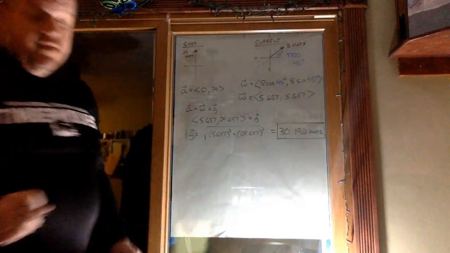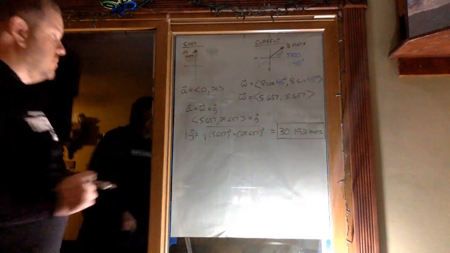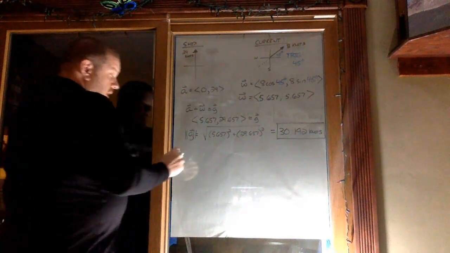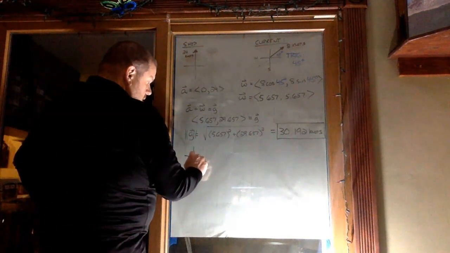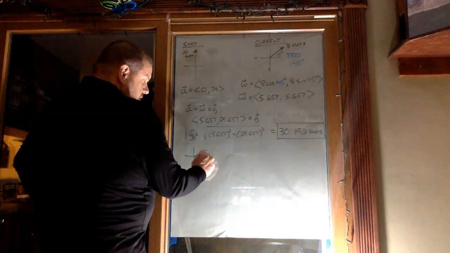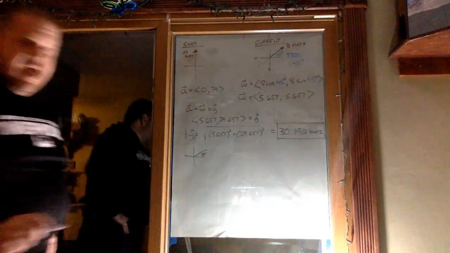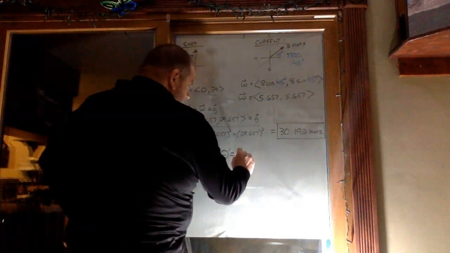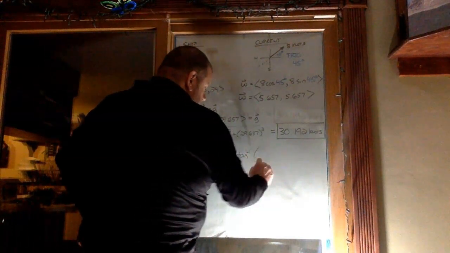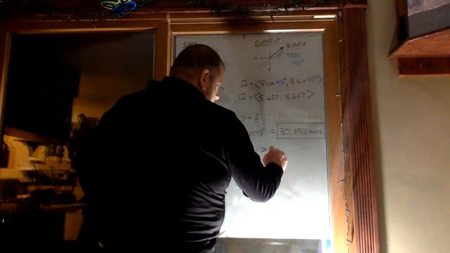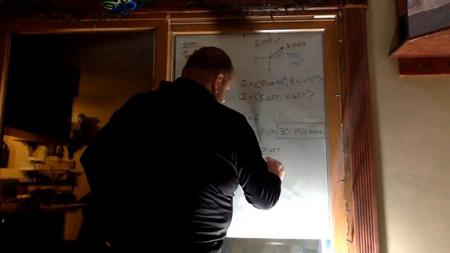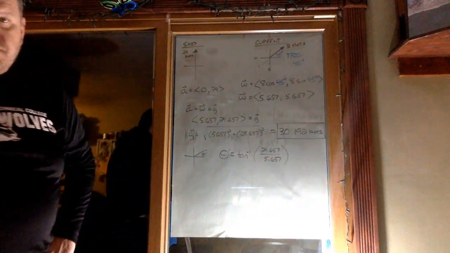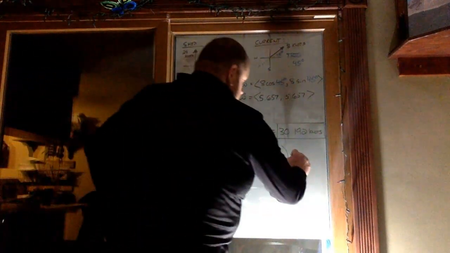Ooh, didn't get any less squeaky in the time that it took to make this one. Okay, so this vector G is in quadrant number 1. So the angle that I find is going to be that angle right in there. So that's going to be the inverse tangent of 29.657 divided by 5.657.